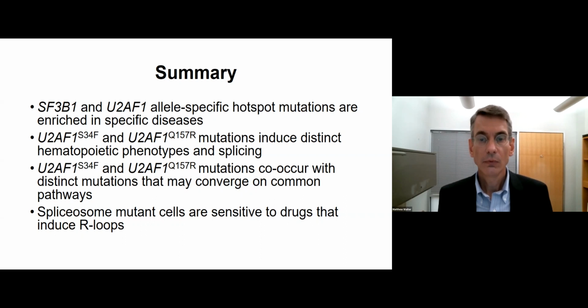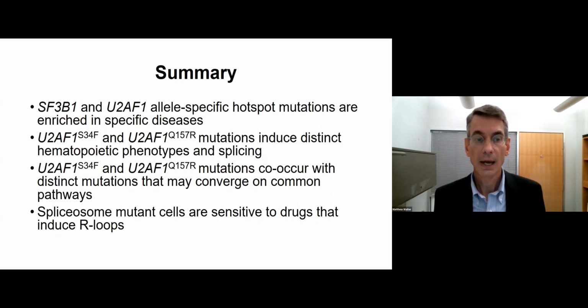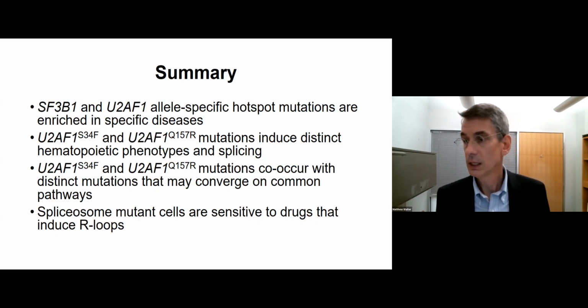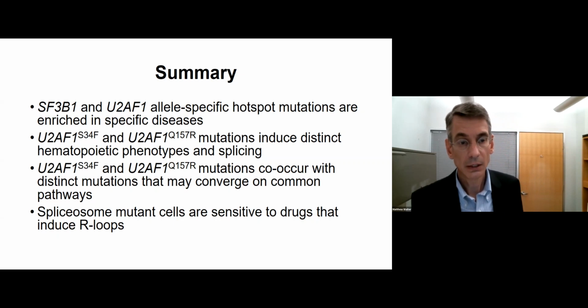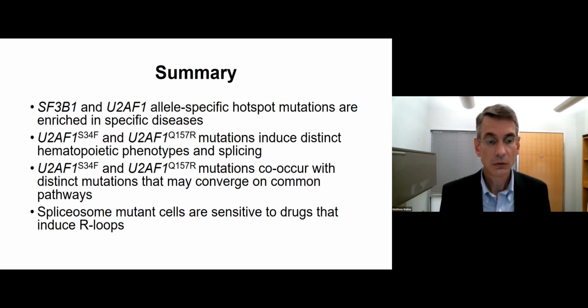That these U2AF1 mutations also co-occur with distinct mutations that may converge on common pathways. And so the idea that these differences in alleles could drive specific phenotypes of splicing and be influenced by the co-mutations likely extends to additional mutations.